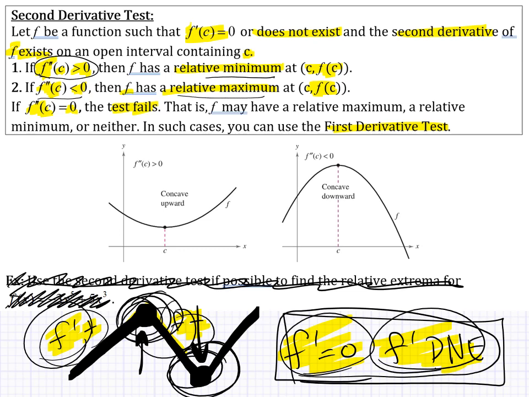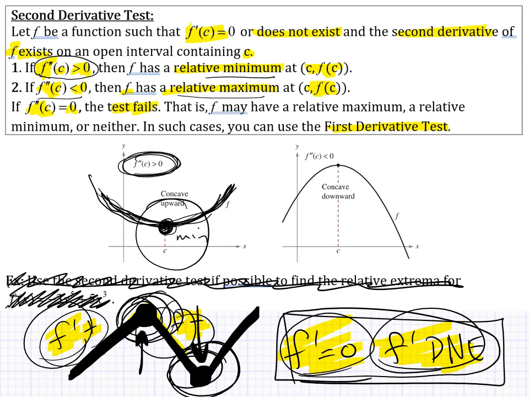Now why is this? If your second derivative is positive, it tells you that this critical number is located on a concave up picture. So second derivative is positive, your function is concave up. If your critical number is located on a concave up picture where your graph is turning upward, then by default this point would have to be a minimum point since the graph is turning upward around it.